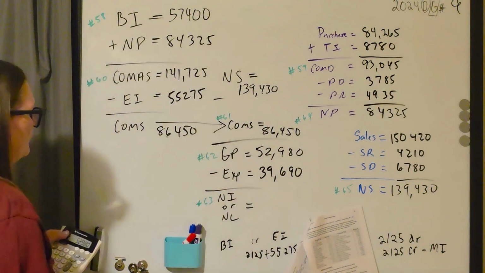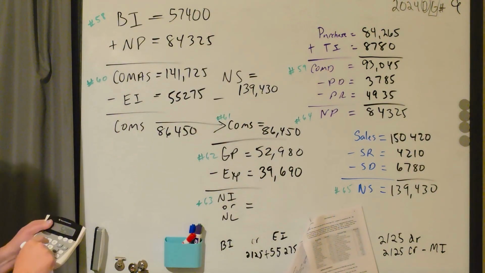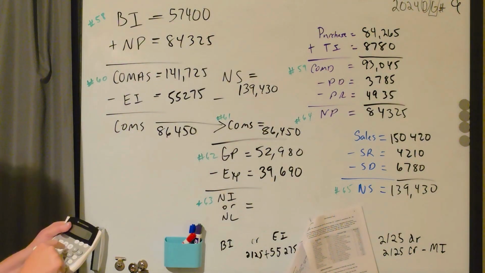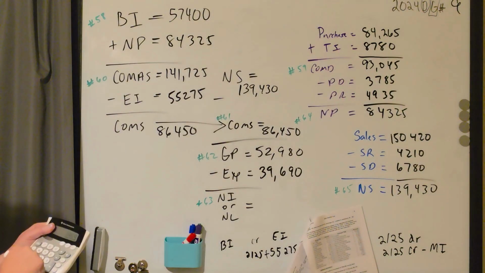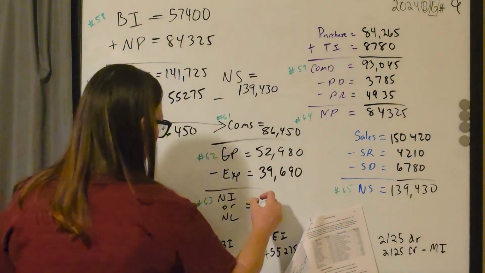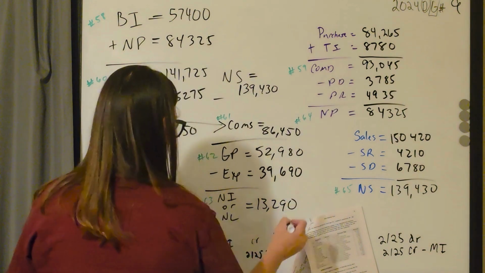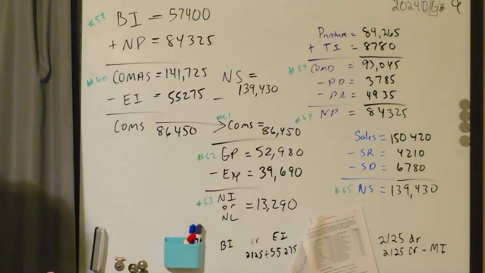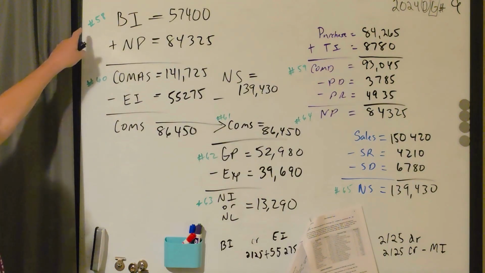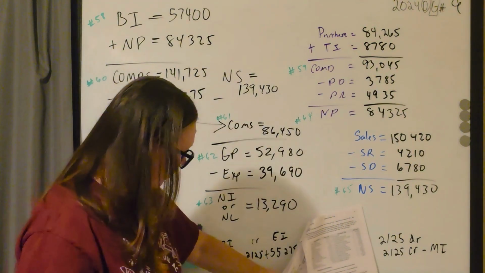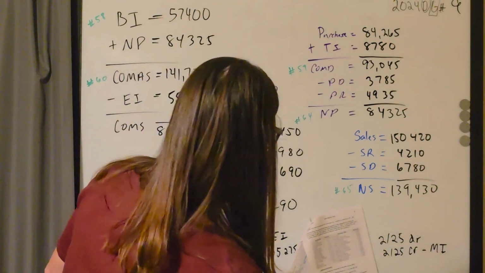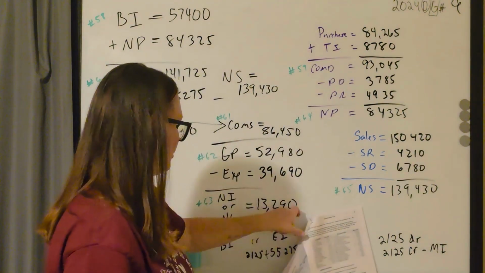Then I'm going to subtract my total expenses, and for net income, because we made more than we spent, I get 13,290. So now you should have all the answers to this group.